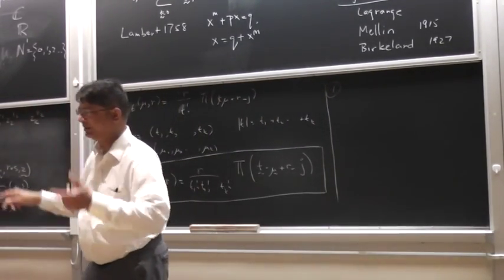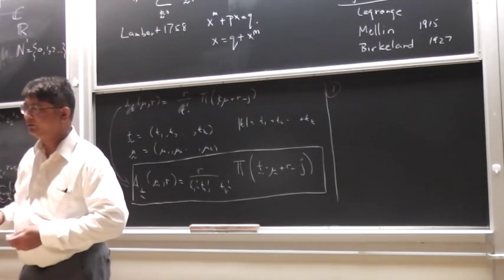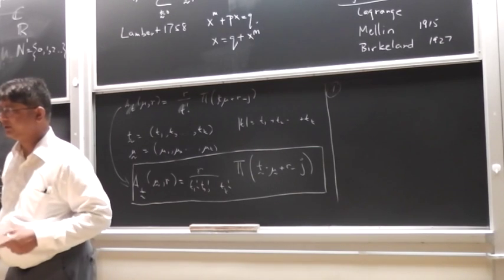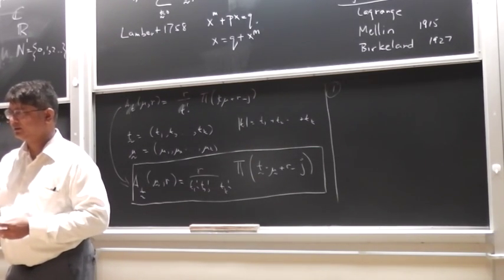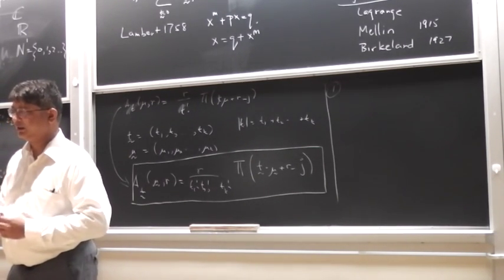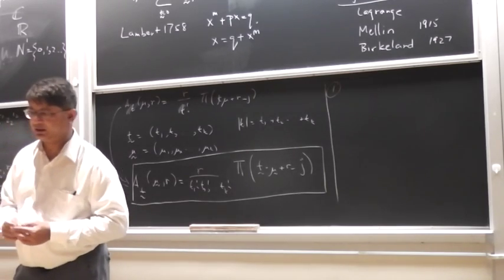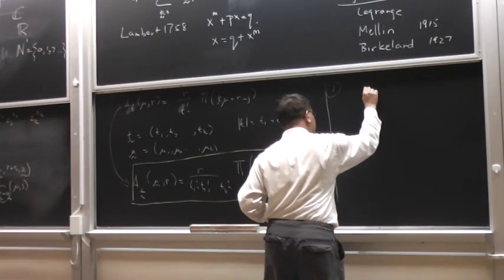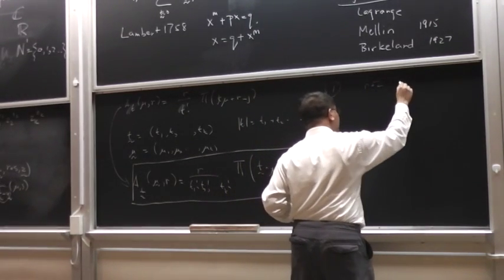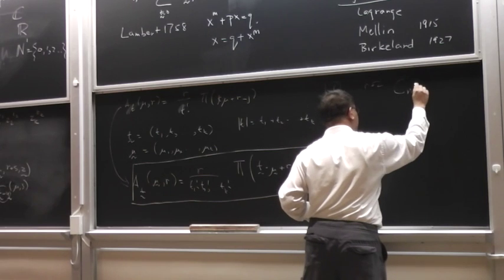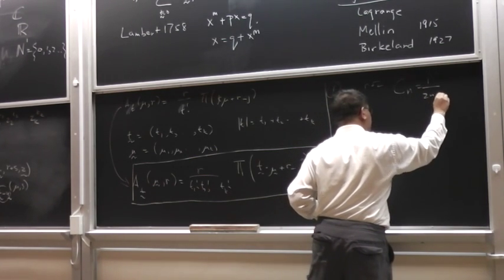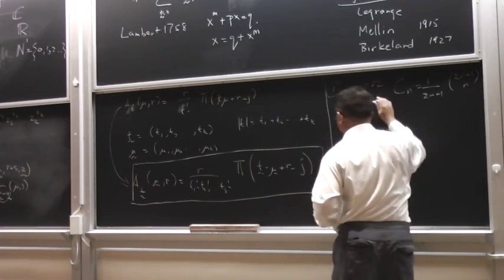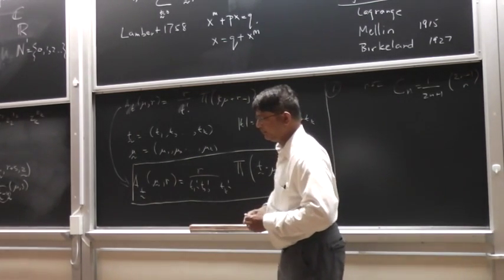If you have a convex polygon, in how many ways can you partition it or dissect it into triangles that don't overlap with each other? I think that's reasonably obvious to understand what that means. And the number of ways of doing that, if the number of vertices is n plus 2, then the answer is C of n, which is just 1 over 2n plus 1 times 2n plus 1 choose n. And that's the number of ways of doing it.